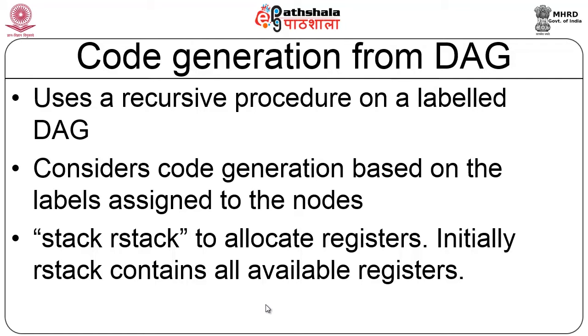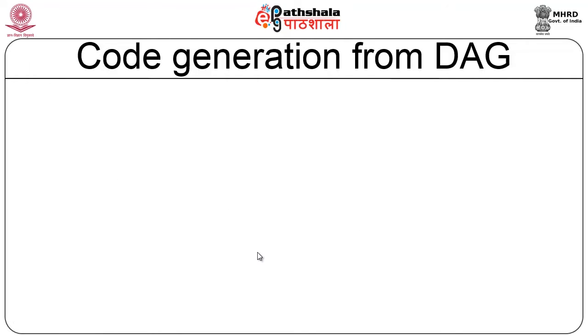That will be pushed into the R stack, which is the register stack, and you will also have a memory stack which is going to have just memory locations M0, M1, etc. So, that in case of a failure on the registers, it will go to a memory based instruction.